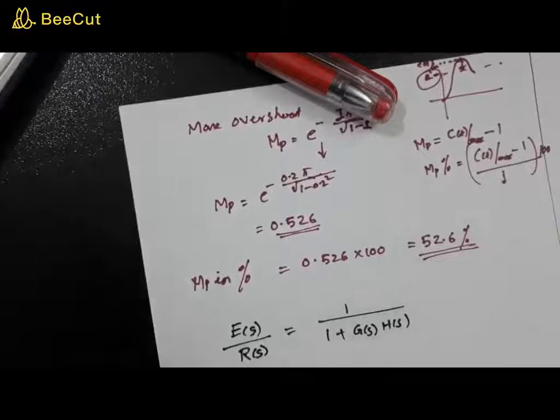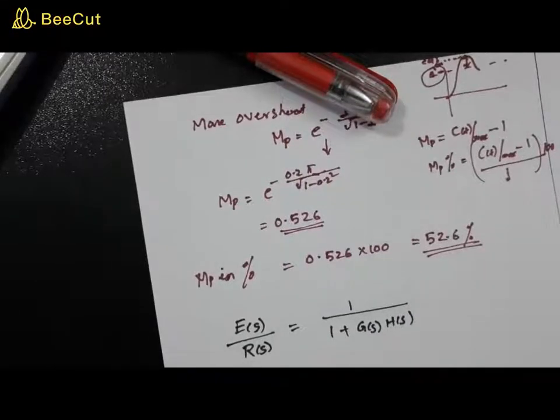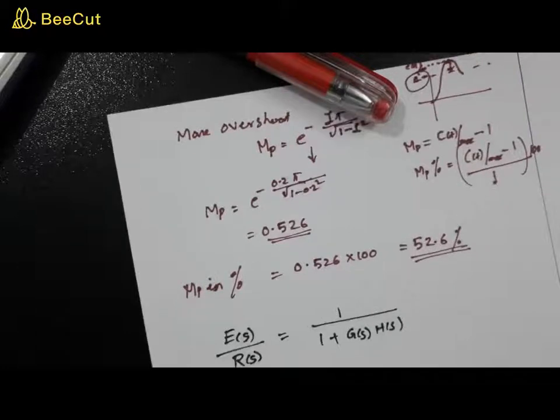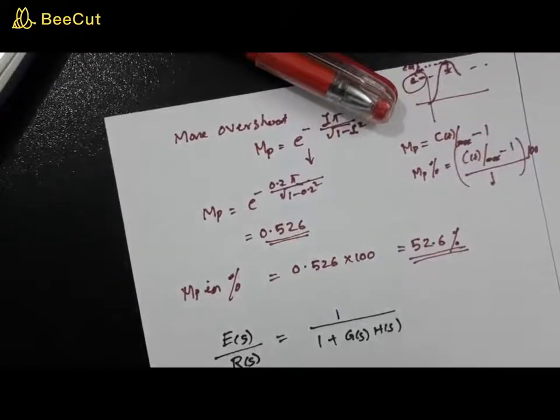Okay, now we know that this is a unity feedback. The overall transfer function is given like that. Now from this, what you need to do is find out E(s), that is R(s) into 1 by 1 plus G(s)H(s).